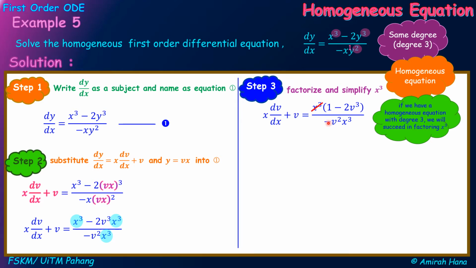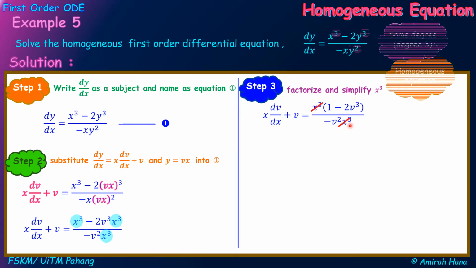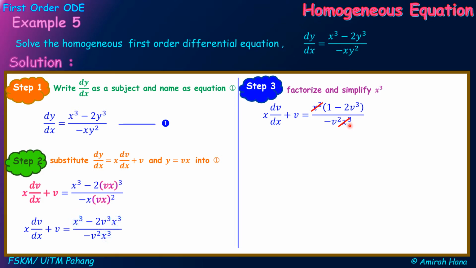So from here, we can simplify x cubed in the numerator and x cubed in the denominator. After we simplify this, we get x dv over dx plus v equals 1 minus 2v cubed over negative v squared.